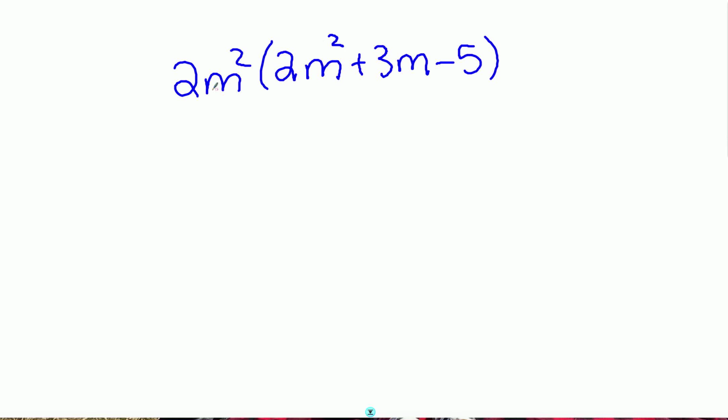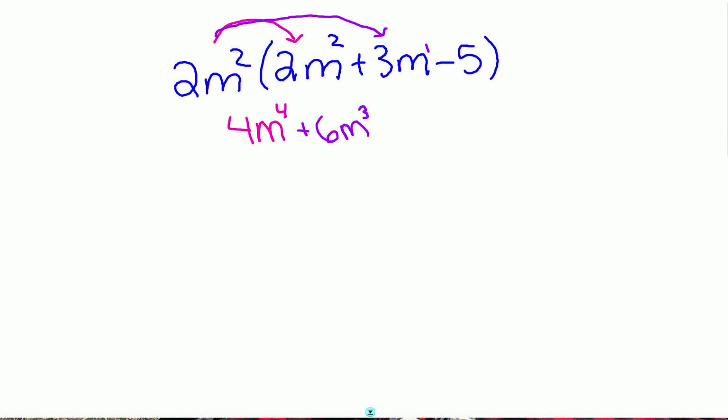Here we have a monomial times a trinomial, 3 terms. You do the same thing. You distribute to every term until you get to the end of the parentheses and you stop. So 2m squared times 2m squared would be 4m to the 4th. And then I have 2m squared times 3m, so that would give me plus, it's positive, 6m cubed.